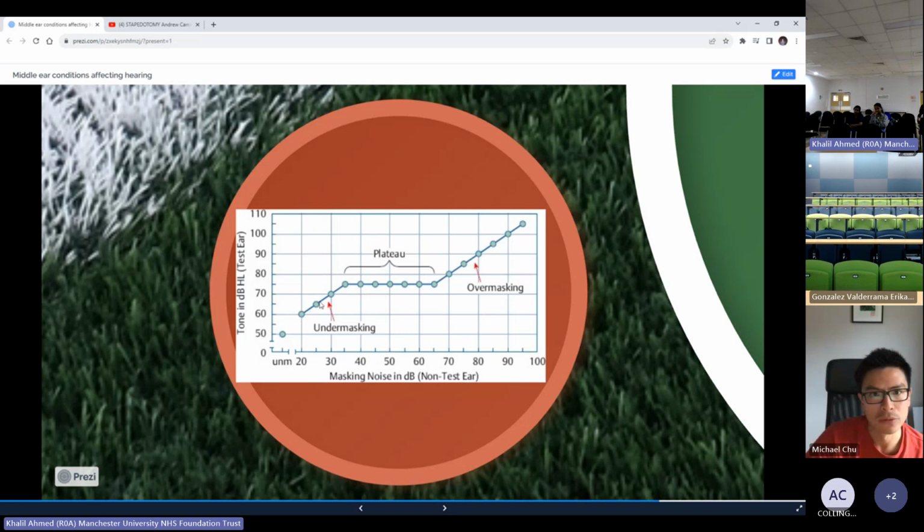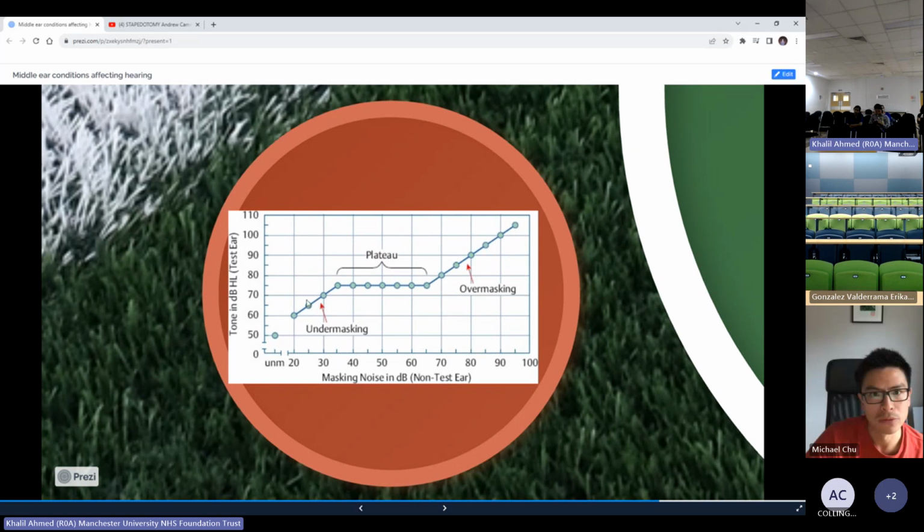Clearly it's the non-test ear that's hearing it, because every time you turn the masking noise up, just like when you go to a nightclub, you have to scream at each other. You haven't gone deaf. It's just that the masking noise of the DJ has gone up so loud you've got to speak above it. So as you turn the masking sound up, the threshold on the other ear goes up, which proves that it's the non-test ear that's hearing it.